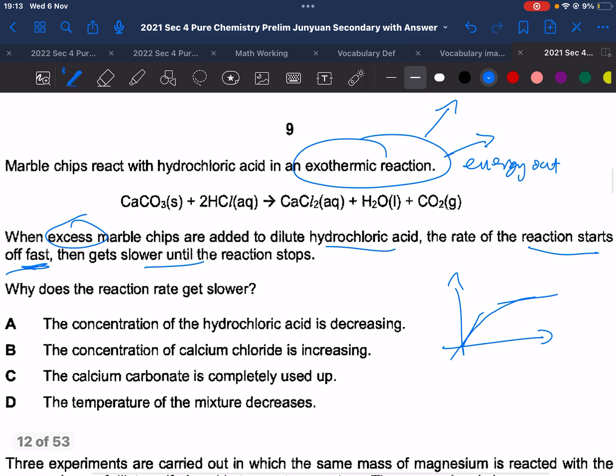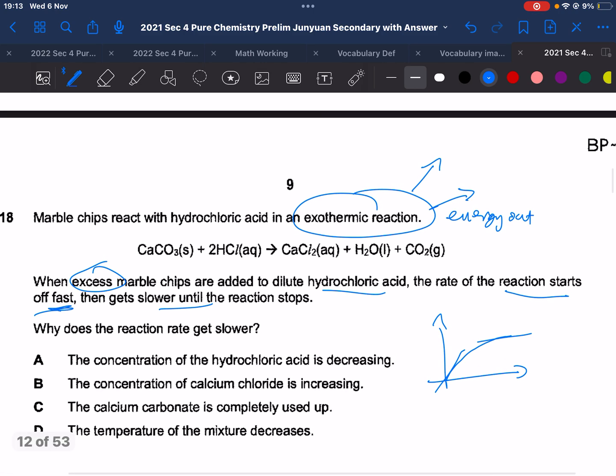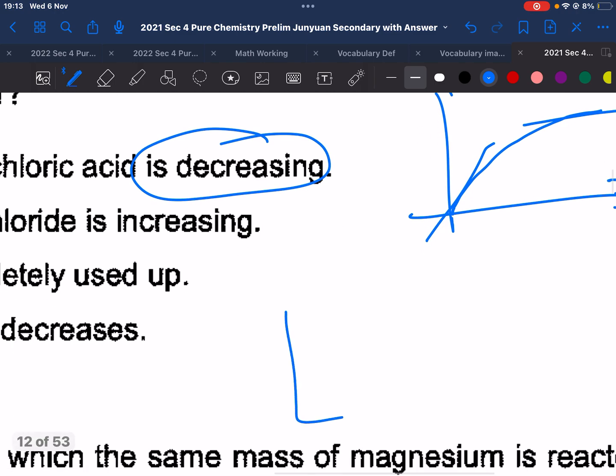The concentration of hydrogen chloride is decreasing. That is actually true, because as you react, there's a limited number of hydrogen chloride. So in a certain volume, for example, 1 dm cube, these are all my reactants. I will have 3 moles, for example.